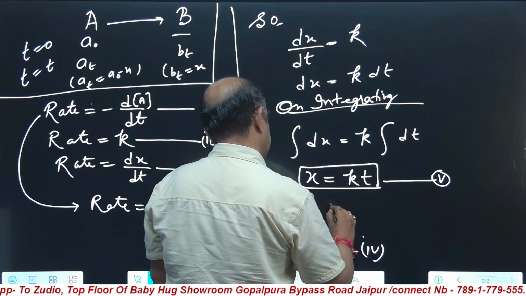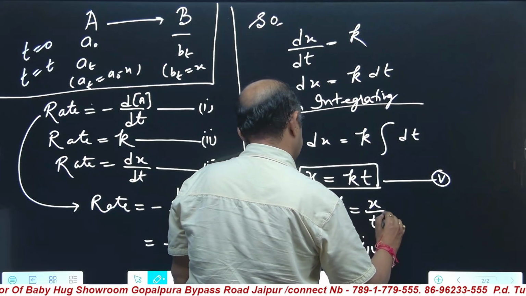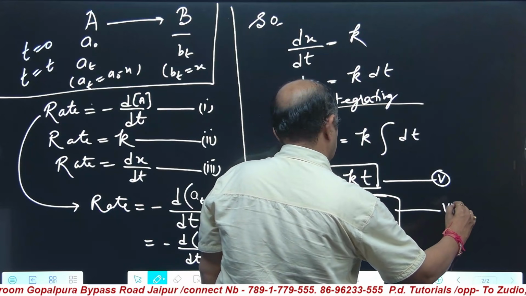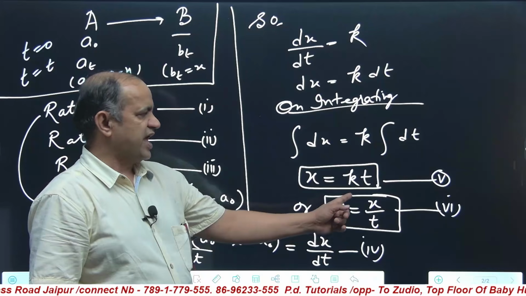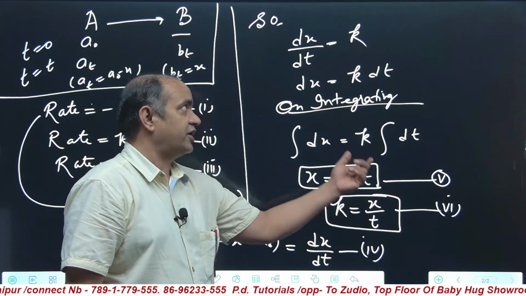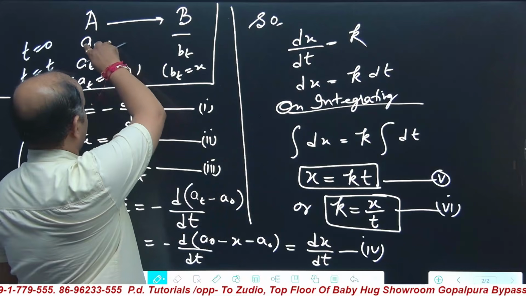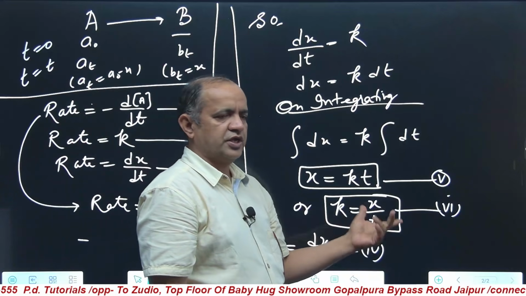Or we can also say that k equals x by t, where k is the rate constant, x is the concentration of product formed or amount of reactant disappeared, and t is the time taken in the process.